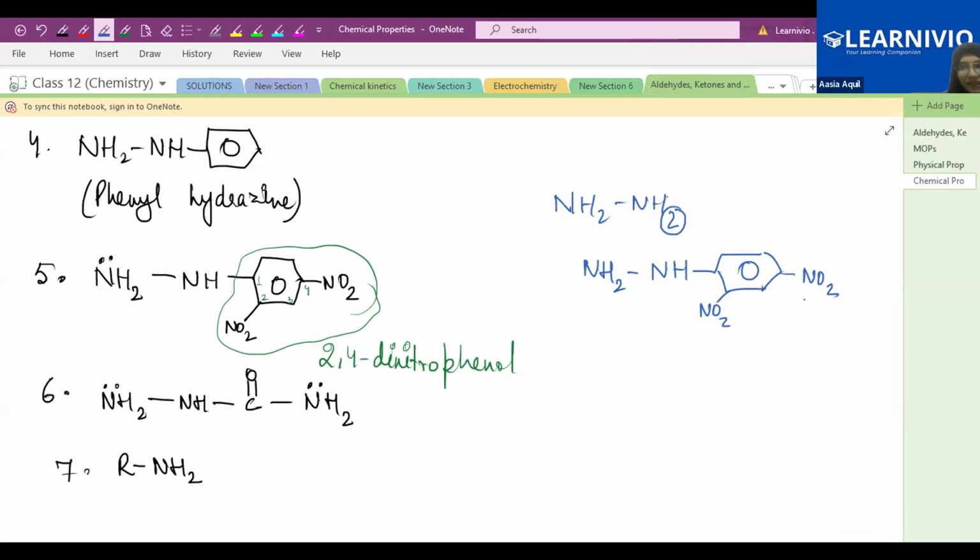It's very easy. So NH2, NH2 was hydrazine. If I replace one hydrogen by this 2,4-dinitrophenyl group, you will write 2,4-dinitrophenyl, because this phenyl ring is treated as a substituent, not a parent chain. You will treat it as a substituent and write 2,4-dinitrophenyl hydrazine.